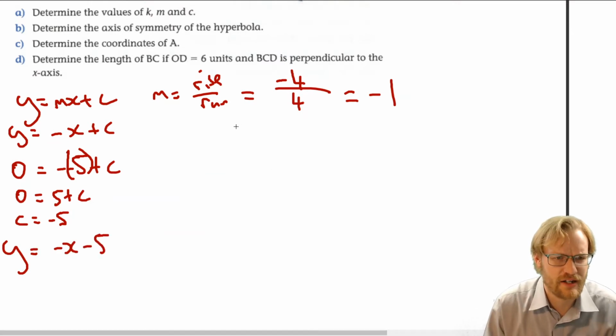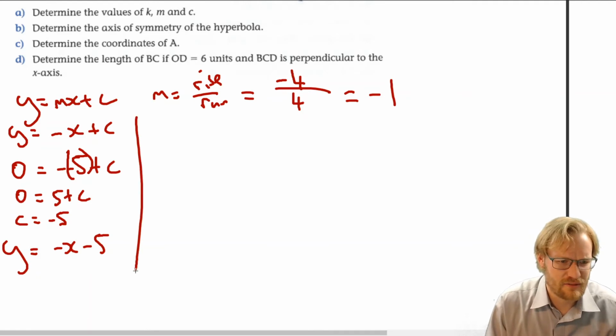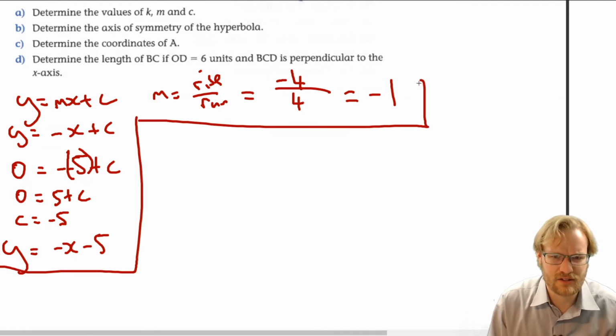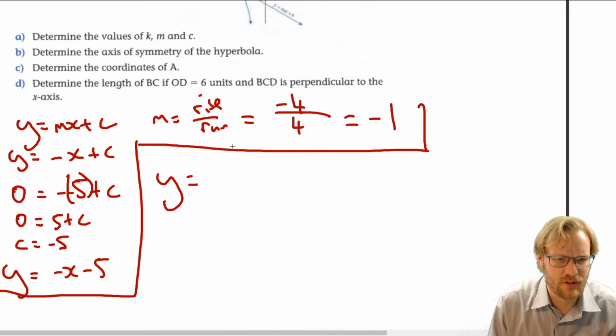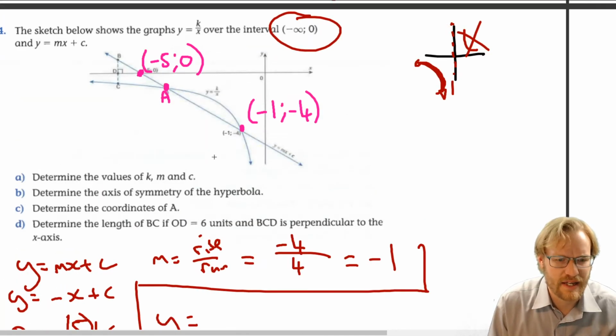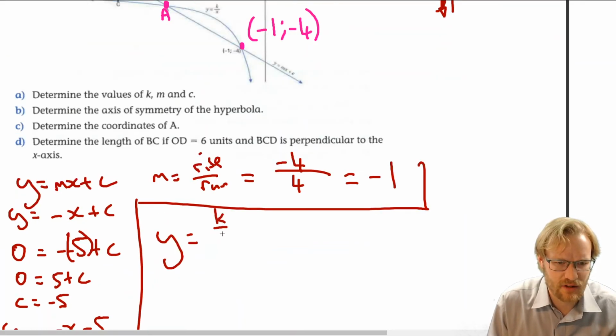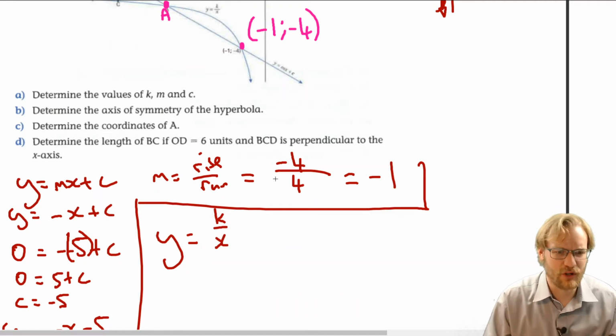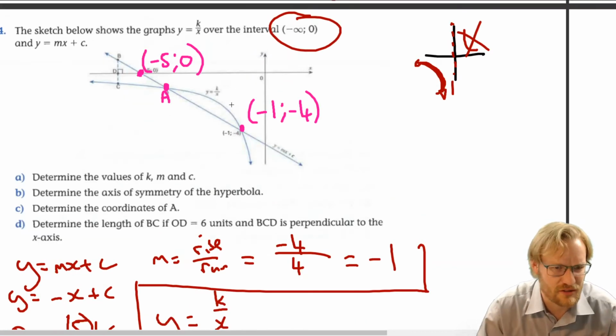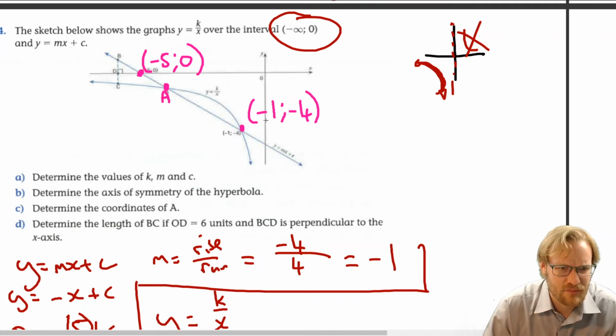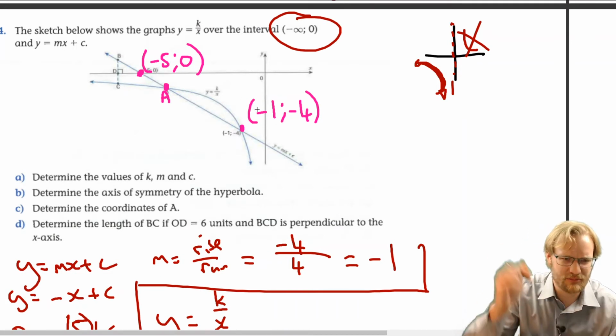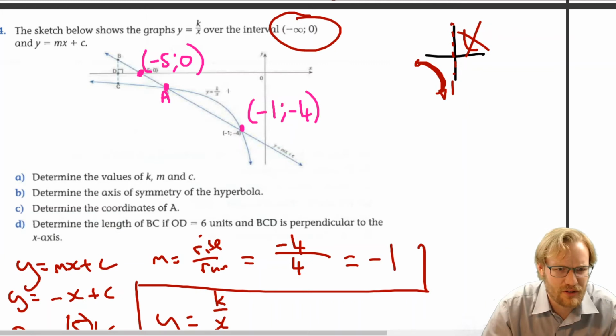Cool. And then we need to find out k. Now, we know that y equals, what have they given us? k over x. Now, normally with a hyperbola, there's a bit of work to do. We sub in two values and do all sorts of things and look at our asymptotes. Well, we know that there's an asymptote here at 0 and at 0.